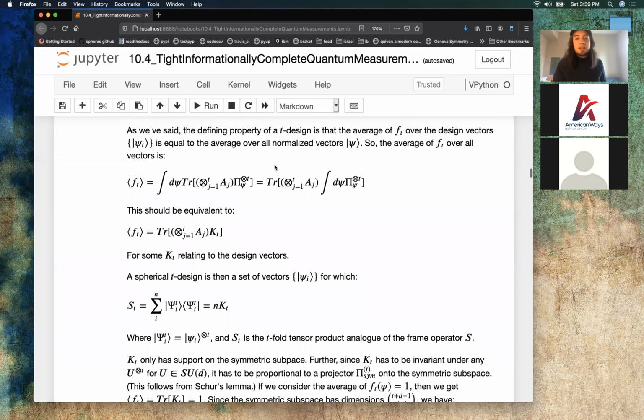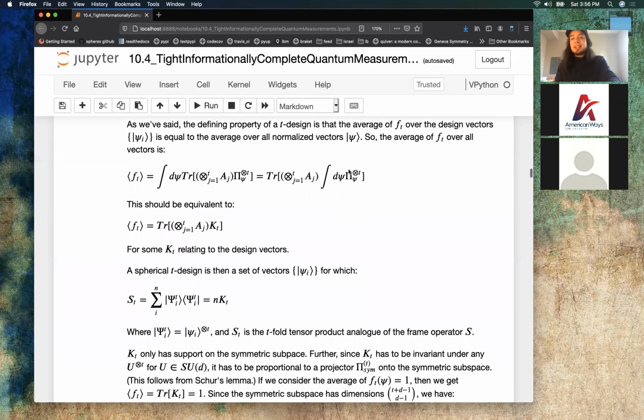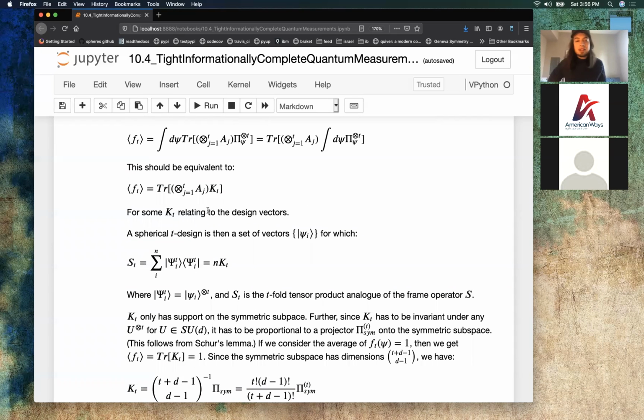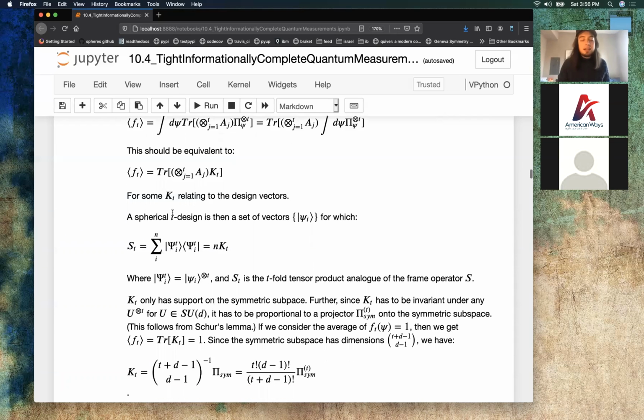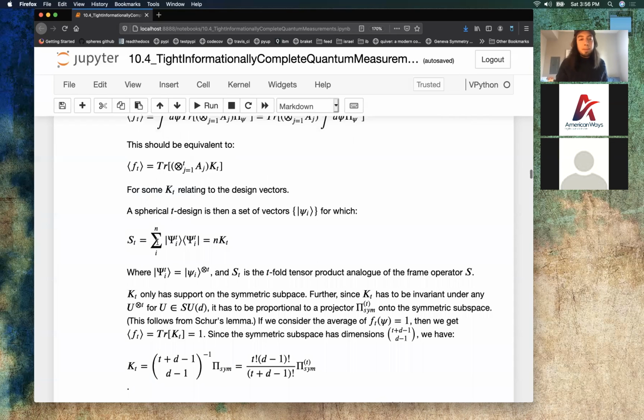And now by the design property, we should be able to substitute this integral with an average over the design vectors in some way. So we could say this has got to be some K, where K relates to the design vectors. And in fact, we'll see that a spherical design is a set of vectors for which this, which you could call the Tth order frame potential, or the T-fold tensor product analog of the frame operator.